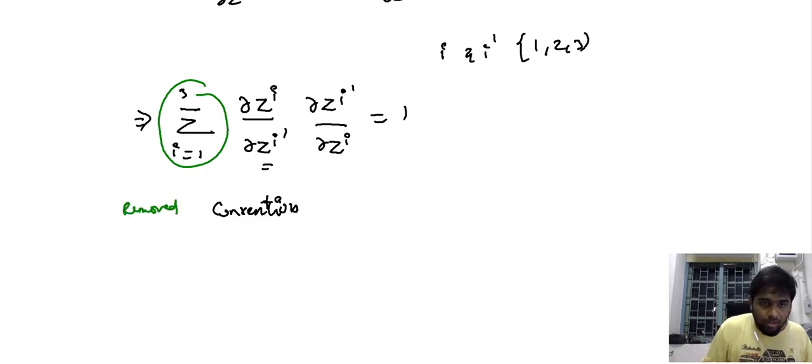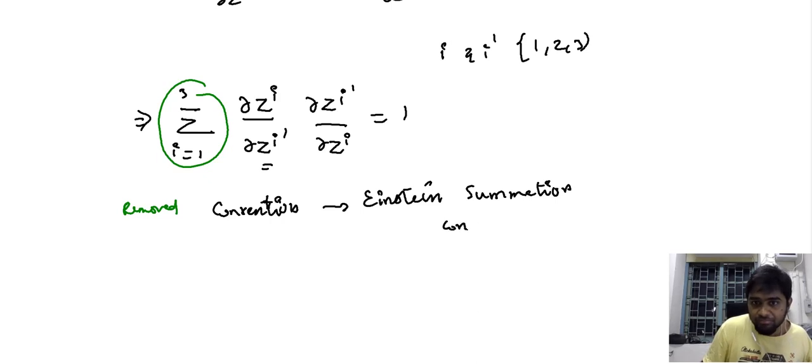Again, when the bottom and top indices in an expression are the same, the summation sign that precedes it can be removed, and this convention is referred to as Einstein's summation or Einstein's convention for summation.